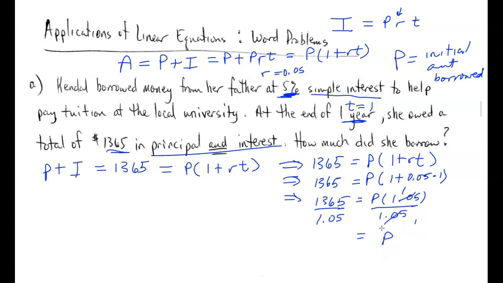We just have P by itself. So we see here that if we take 1,365 divided by 1.05, we'll end up getting 1,300, which of course we know that's in dollars. So it turns out here that Kendall initially borrowed $1,300.